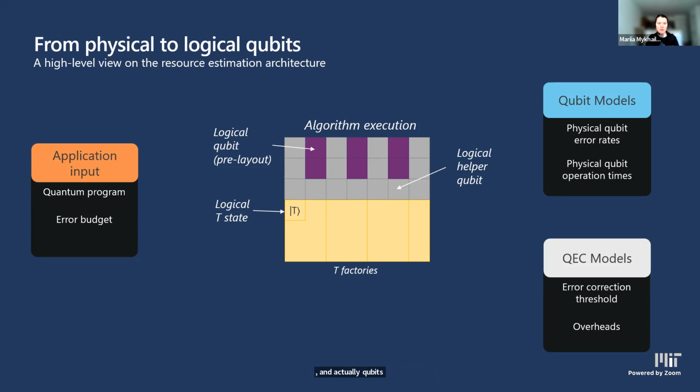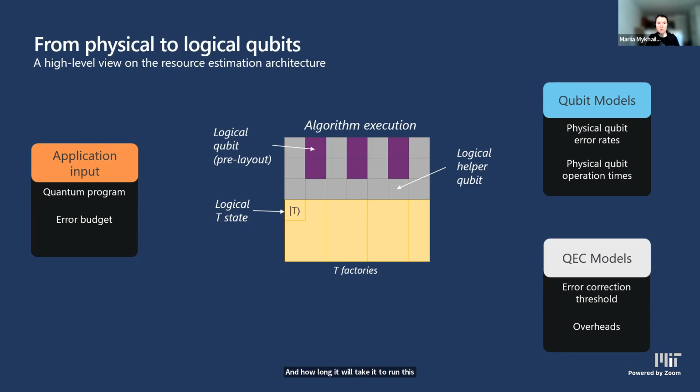And then it analyzes this data keeping in mind the parameters of the device and the error correction that it is going to use to run this algorithm. The output of the resource estimator service is a lot of information, actually, I'll show you. But mainly it focuses on two things: how many qubits your device needs to have to run this algorithm, and how long it will take it to run this algorithm.